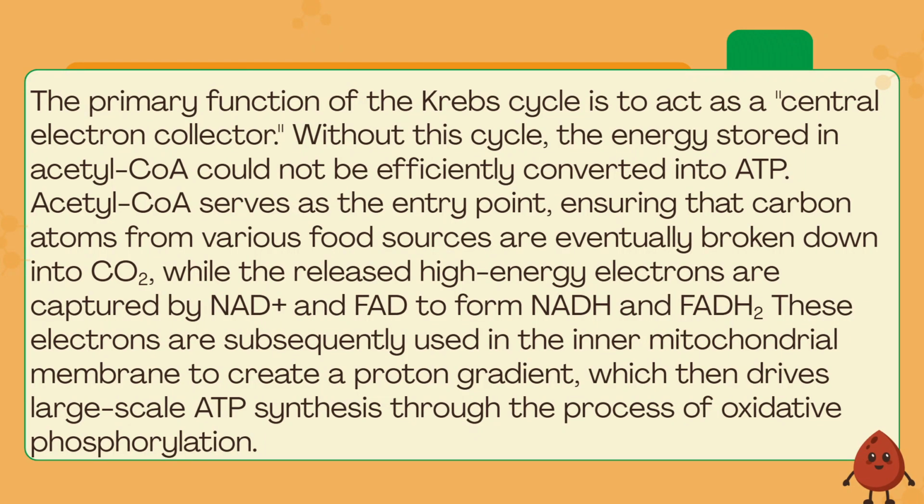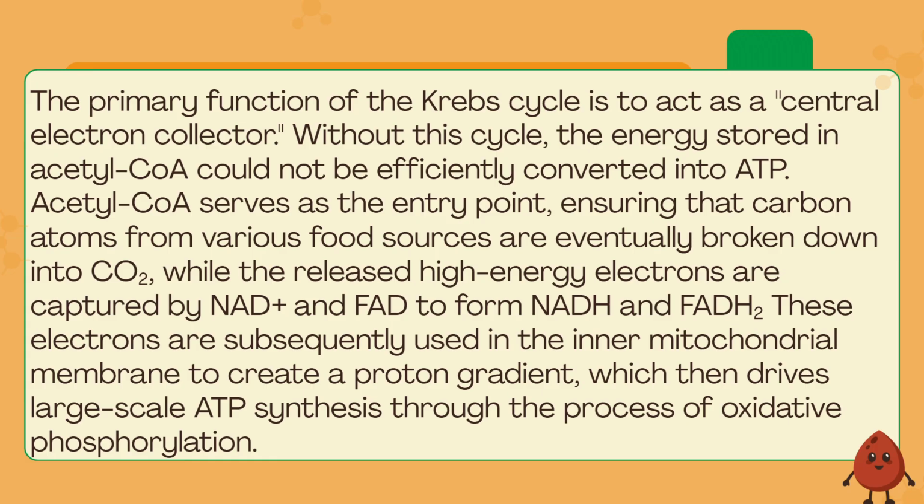The primary function of the Krebs cycle is to act as a central electron collector. Without this cycle, the energy stored in acetyl coenzyme A could not be efficiently converted into ATP.